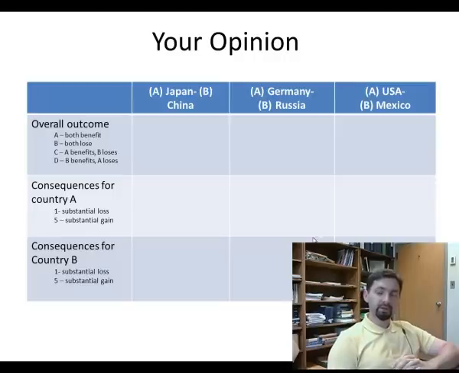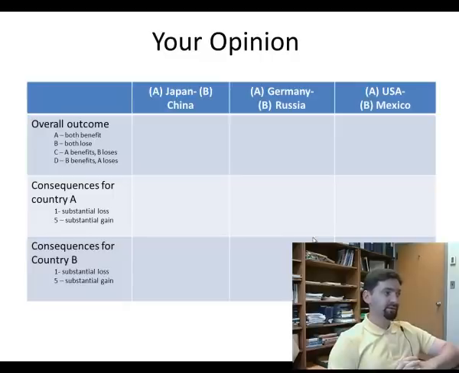Normally I start this lecture with an experiment where I give my students a few simple and short questions. The main question reads like the following. Imagine that the United States and Mexico became one country. What would be the outcomes of such a union?